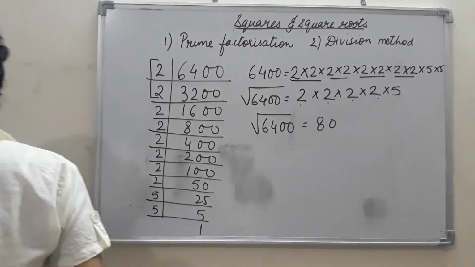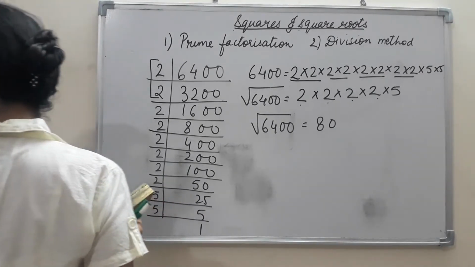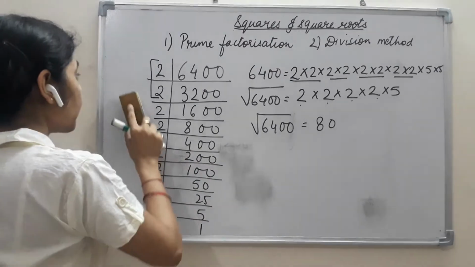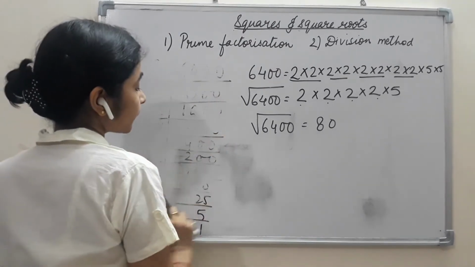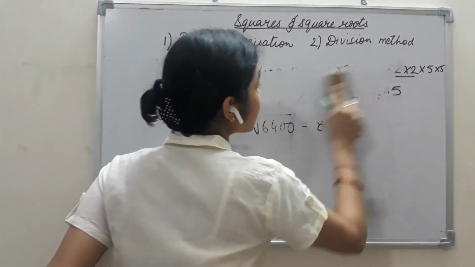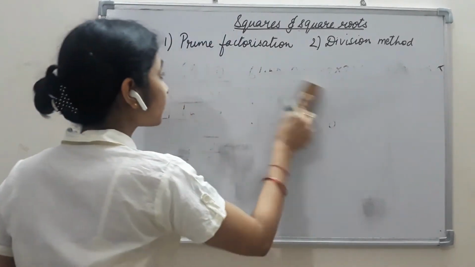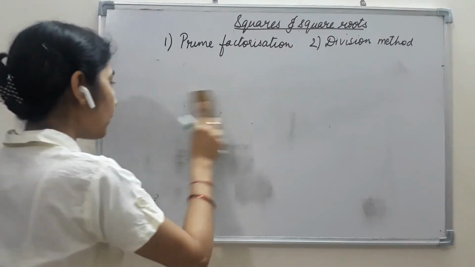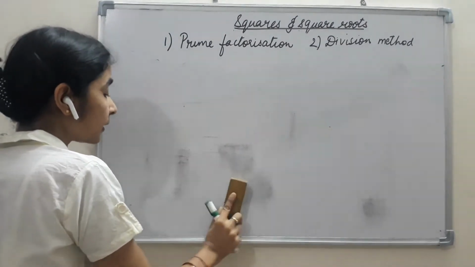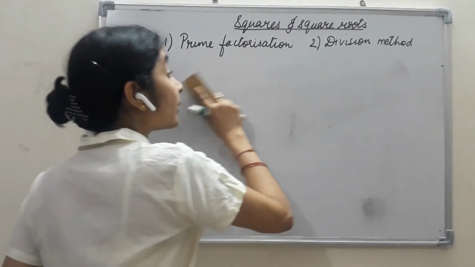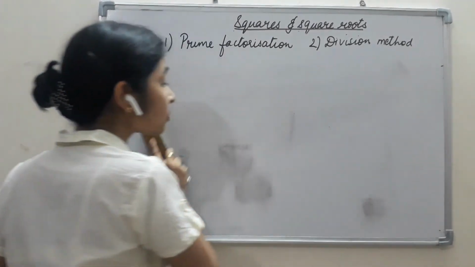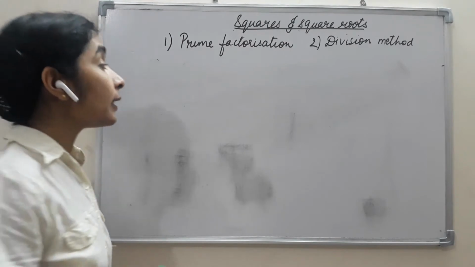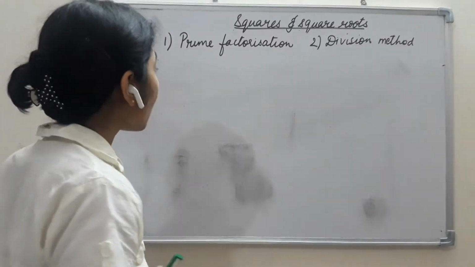So questions like this are asked: suppose 900 students are there in the school, and the teacher is willing to arrange them in the assembly in such a manner that there are as many rows as there are number of students in one row. So how will we do that?